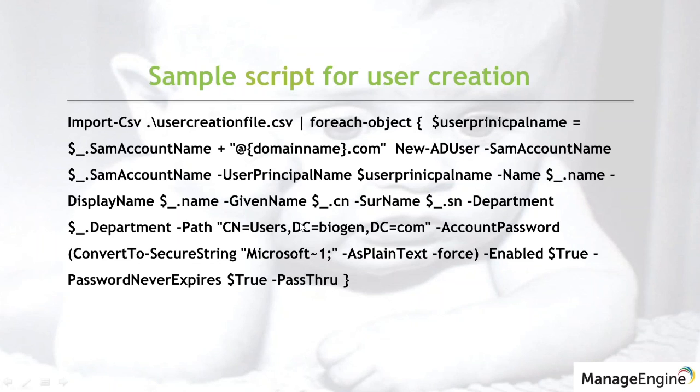As you can see on the screen, this script has 13 Active Directory attributes. But in reality, does a user account in Active Directory have just 13 attributes, or does the user account have more than 13 attributes? The answer is the user account definitely has more than 13 Active Directory attributes. That includes group membership, that includes OUs, Exchange mailboxes, Office 365 accounts, Google Apps, and whatnot.